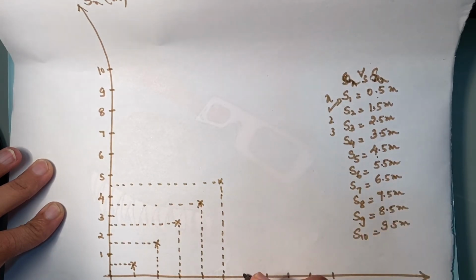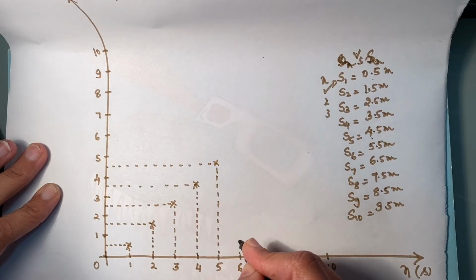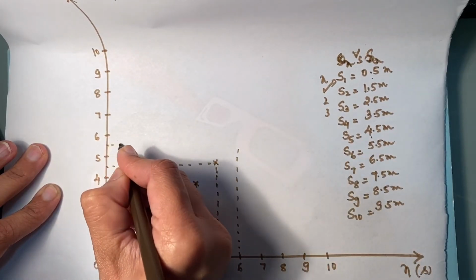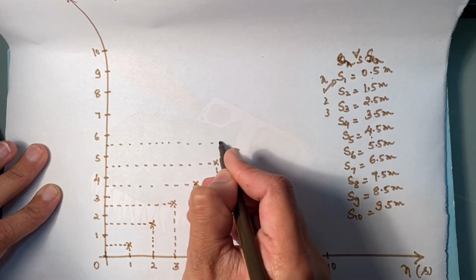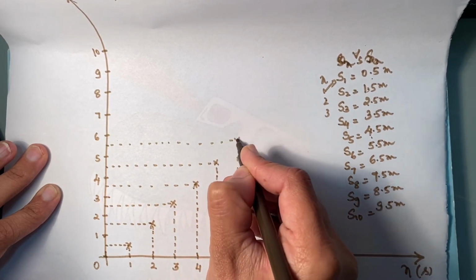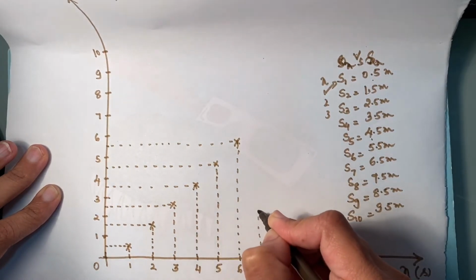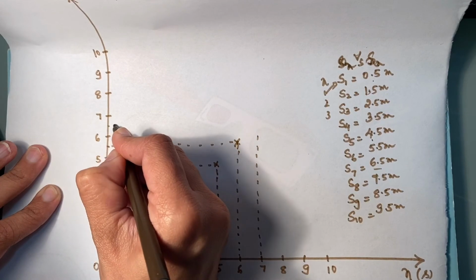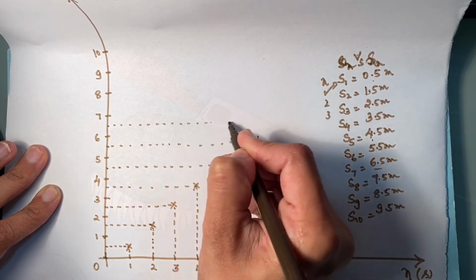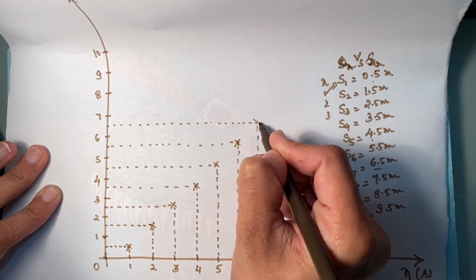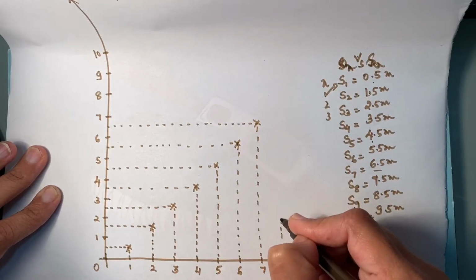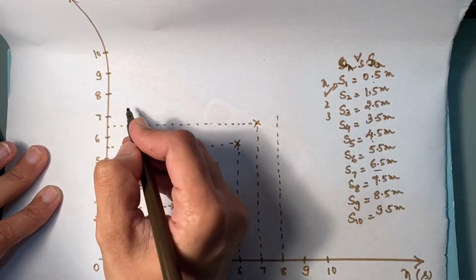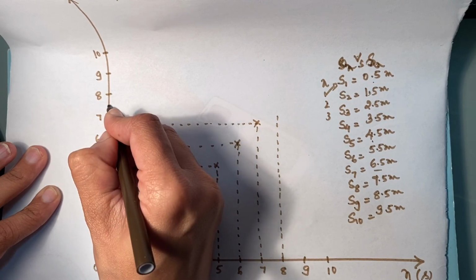When n is 6, it is 5.5. So 5.5 will be here. When n is 7, it is 6.5. Right? Similarly, when n is 8, it was 7.5.